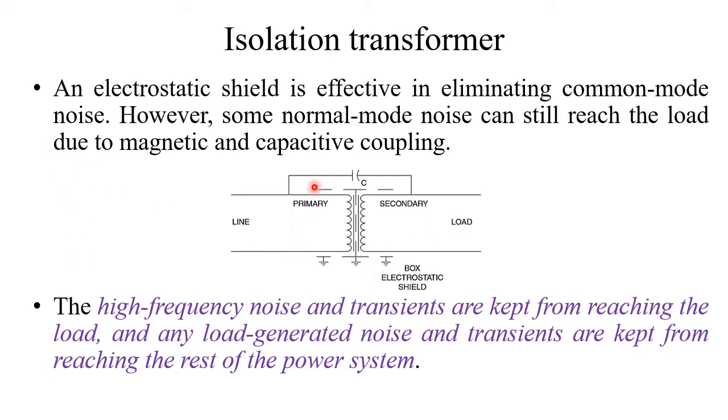However, some normal mode noise may still reach the load due to magnetic and capacitive coupling. The high frequency noise and transients are kept from reaching the load, and any generated noise and transients are also kept from reaching the load. Normally this is the line side and this is the load side, and in between the line and the load the isolation transformer is fixed.